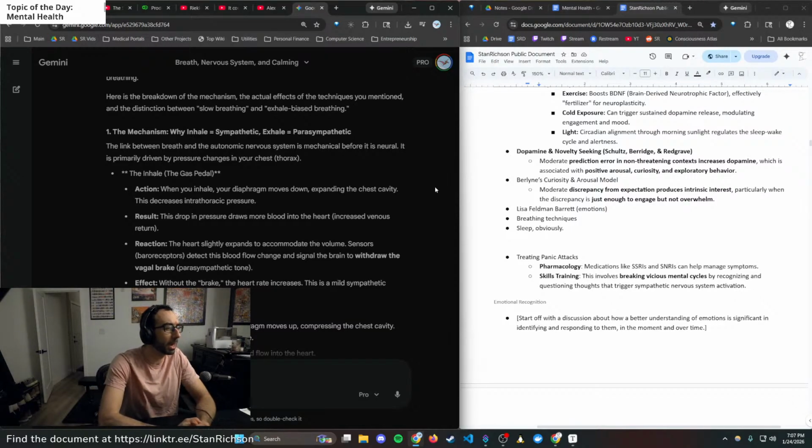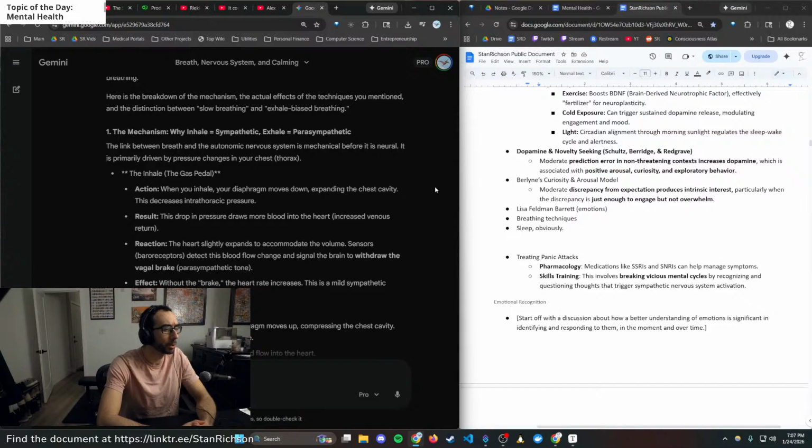The link between breath and the autonomic nervous system is mechanical before it is neural. It is primarily driven by pressure changes in your chest. When you inhale, your diaphragm moves down, expanding the chest cavity. This decreases intrathoracic pressure.